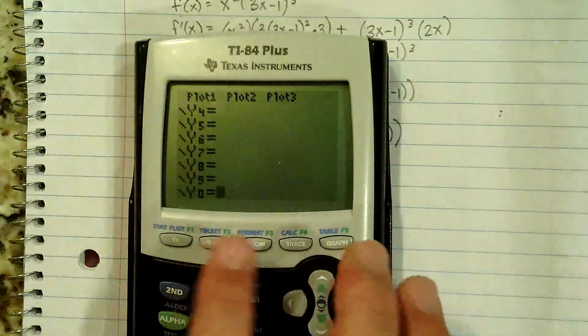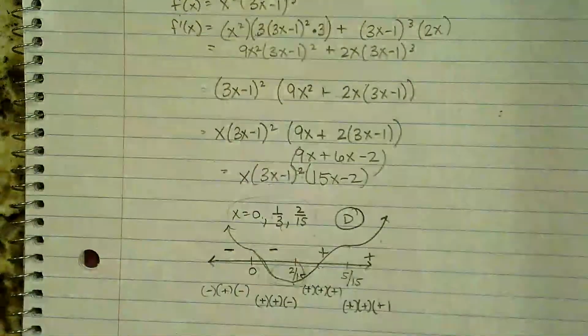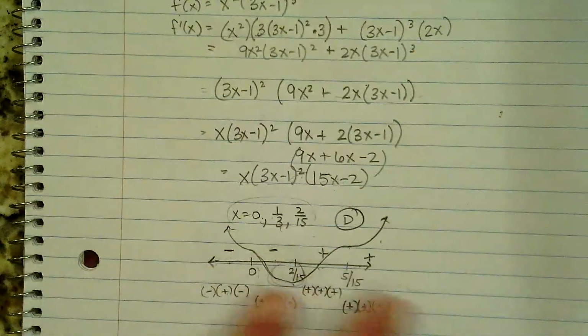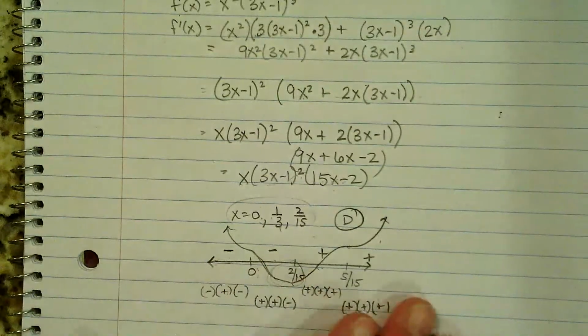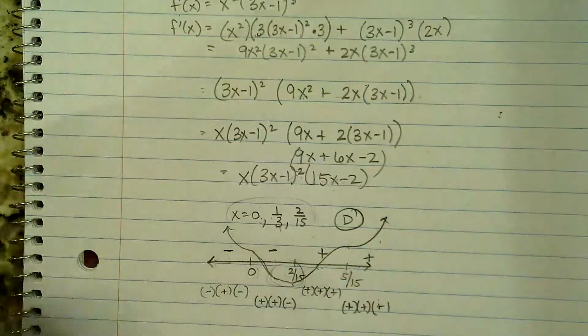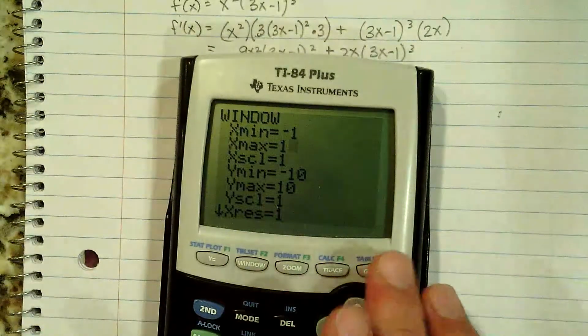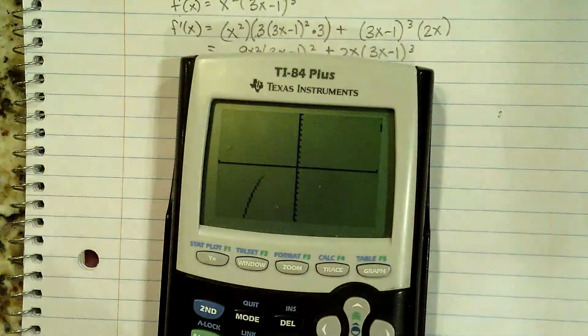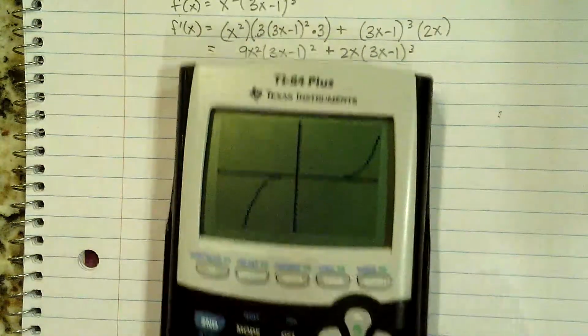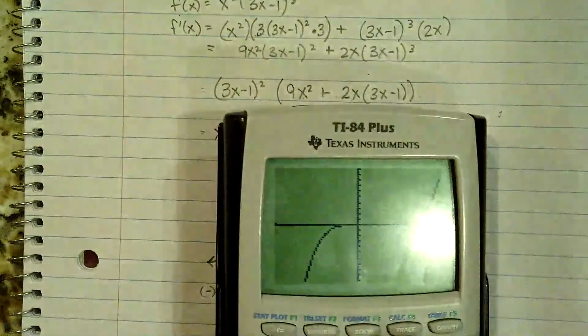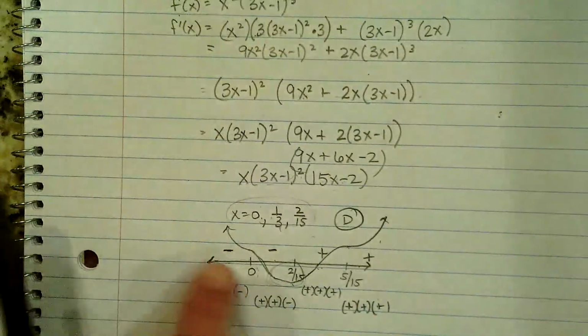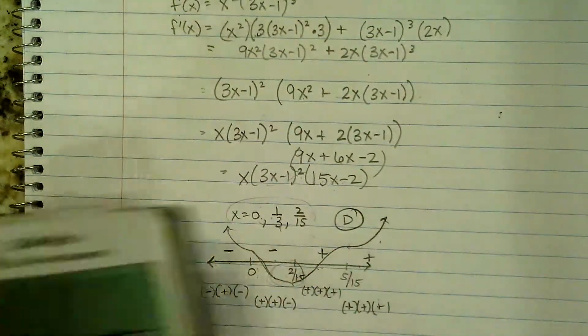Okay, so the critical stuff is happening between 0 and 1/3, really. So if I go from like -1 to 1, that should show me. Okay, I'm not quite seeing the imagery that I was seeing there.